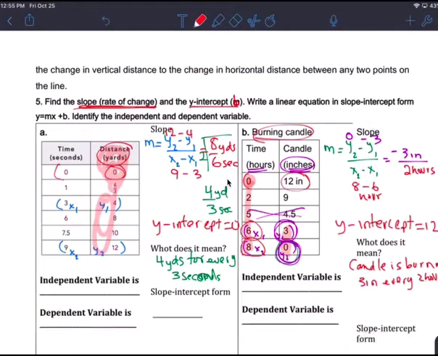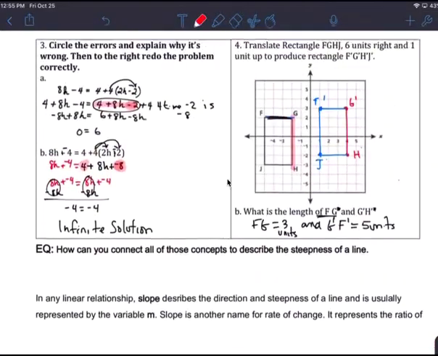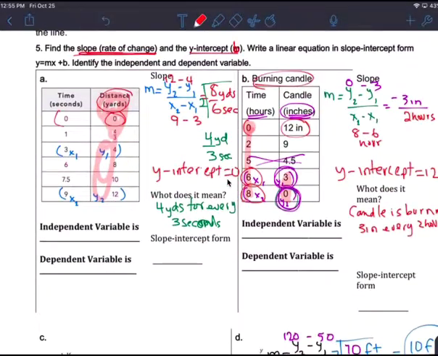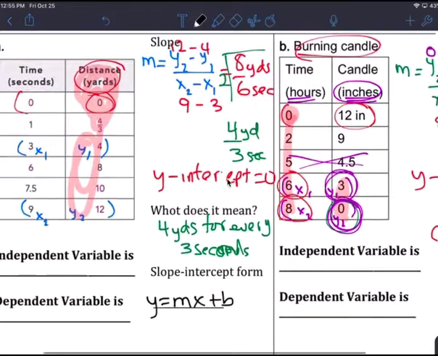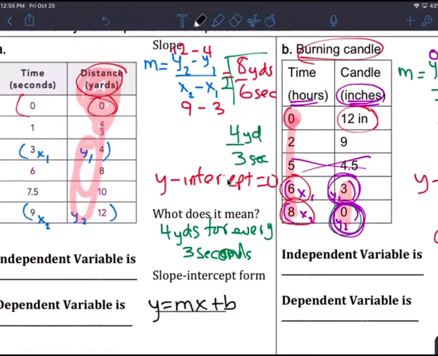Okay, that's the y-intercept. Slope-intercept form: y equals mx plus b. That's the formula you're going to use. So all you need to do is put in your slope. Your slope here is 4 over 3.